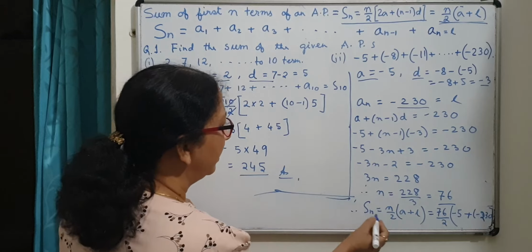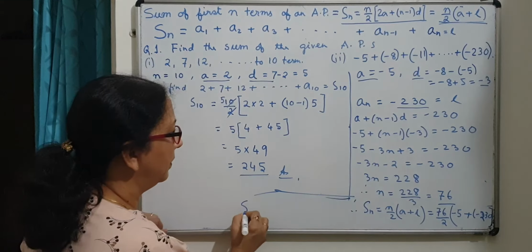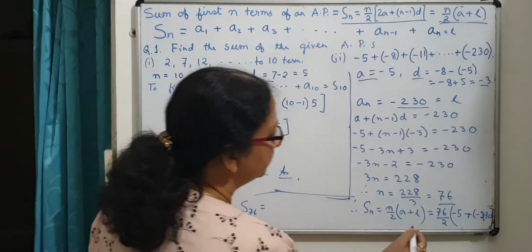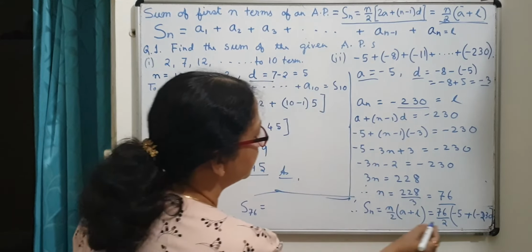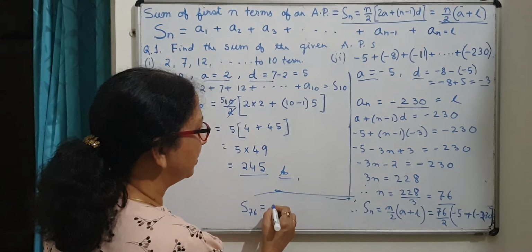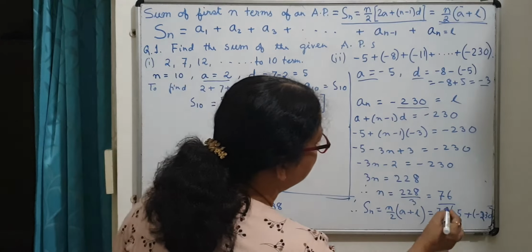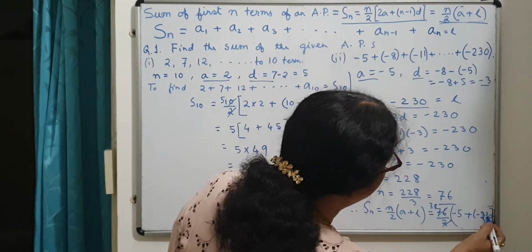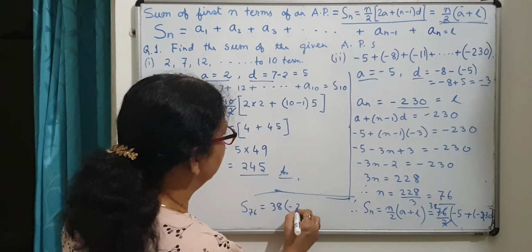So n is your 76, the required sum will be S76 equals 76 by 2, we can do the calculation. 38, if I cancel this, 38 into minus 5 and minus 230, so it is minus 235.